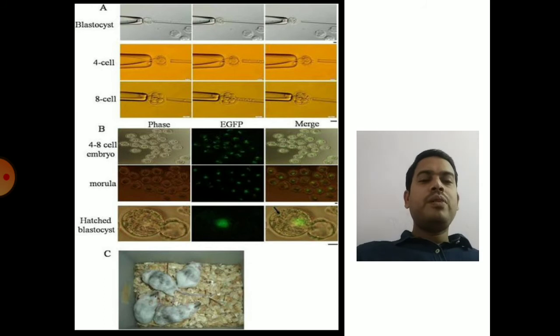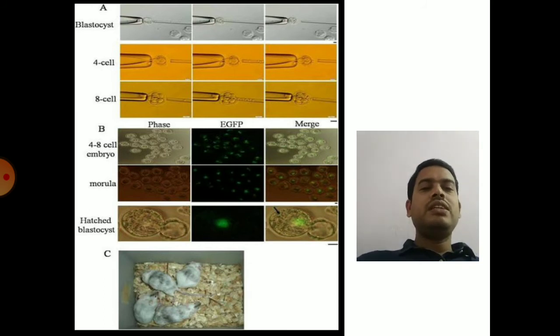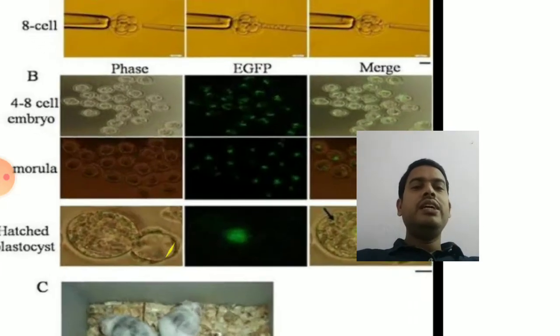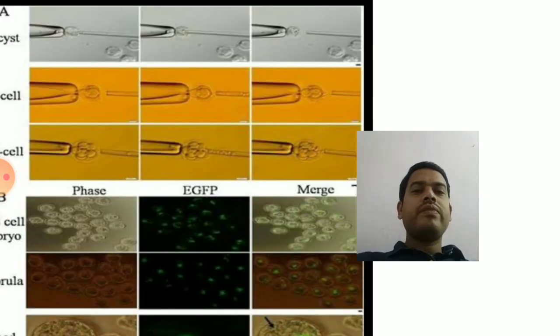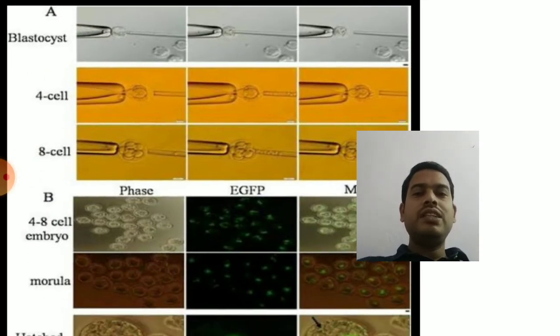And most probably the process of microinjection is especially used for the animal cells. So you can clearly see the process of microinjection and introduction of transgene in the blastocyst of the mice embryo. You can clearly see the images here. So you can see the blastocyst.